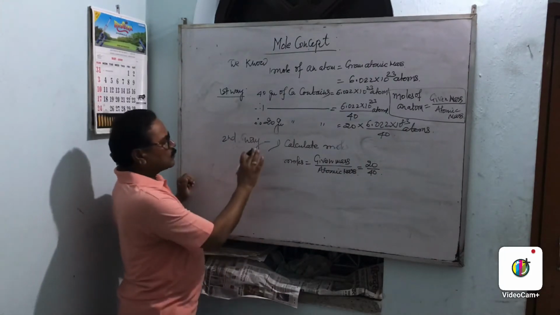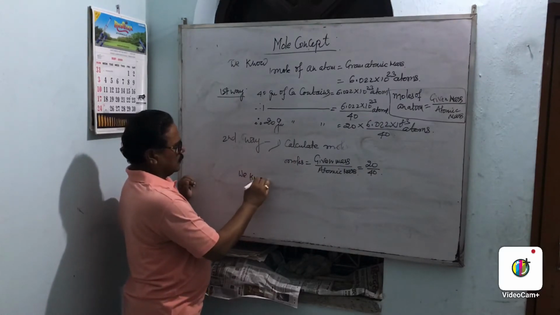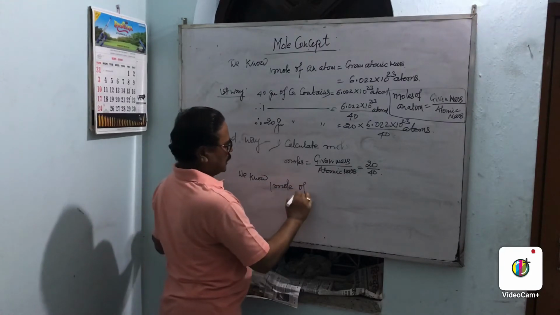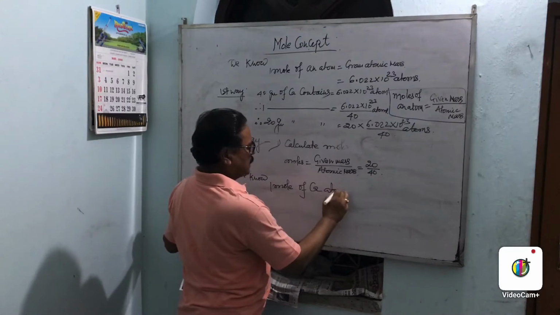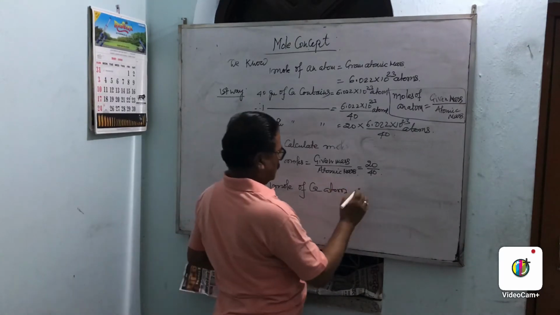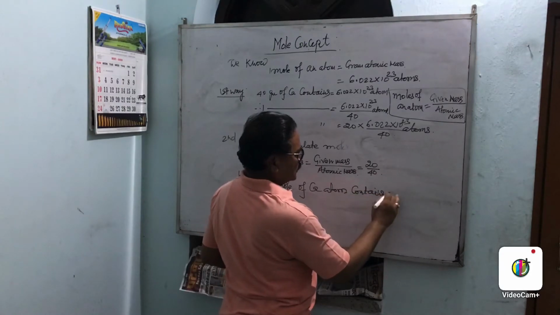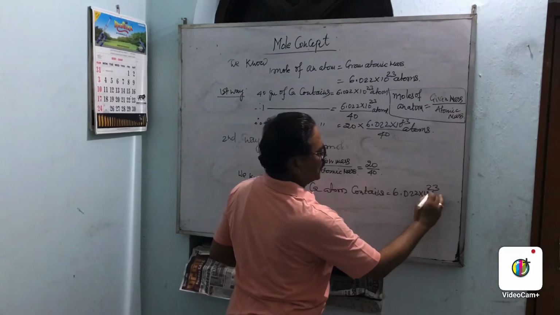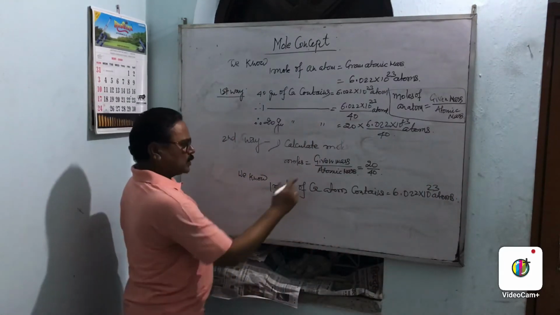Now we have to calculate the atoms. We know 1 mole of calcium atom, because the atom is calcium, contains 6.022 into 10 to the power 23 atoms. Therefore, how much mole?